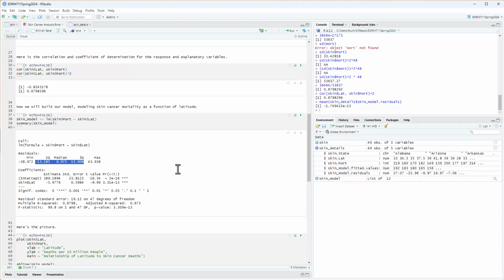That inner quartile range, that middle 50%, has everything within around 12 or 13 points. 12 or 13 deaths per 10 million? 12 or 13 deaths per 10 million. Our prediction is within that of observed. So there is something to learn about the model and about the data by looking at those residuals.